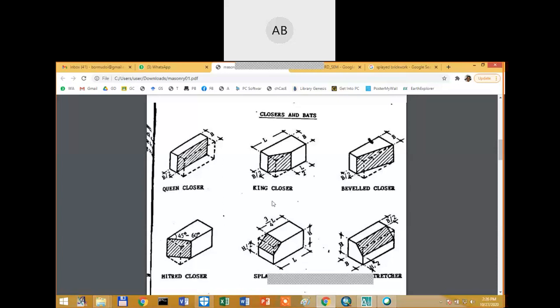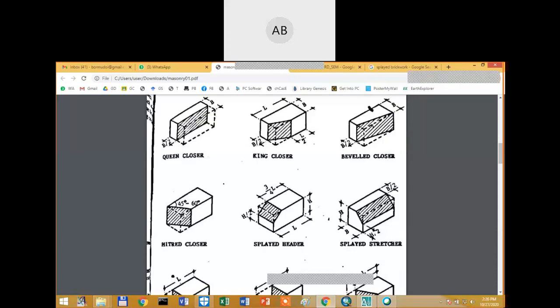Mitre closure is the same thing. You cut it along similar lines as the bevel closure, but it starts from this point along the header side, and you have to maintain a cutting angle of 45 to 60 degrees. Then it is known as the mitre closure.